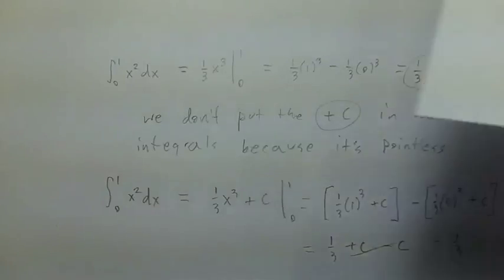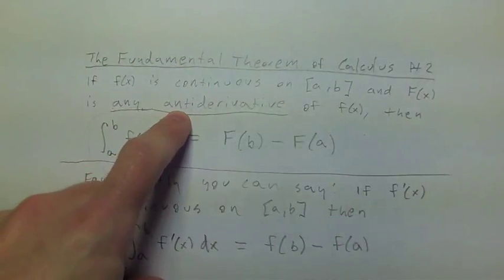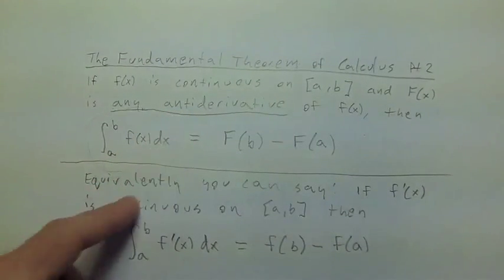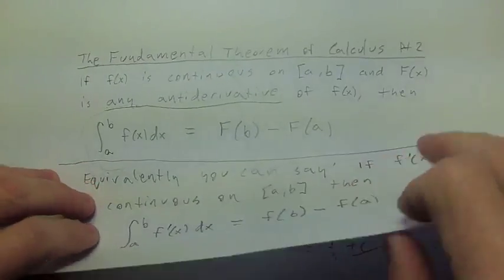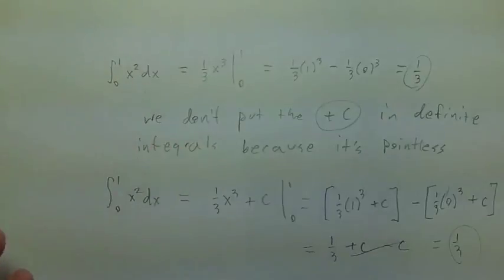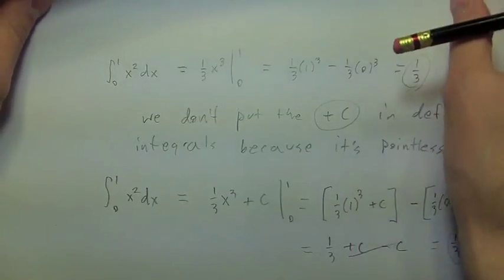And if you look at the actual statement of the Fundamental Theorem of Calculus, it says any antiderivative. You only need to find one. And since you can use any antiderivative and still get the right answer, you might as well use the one where c is equal to 0. So let me write that.